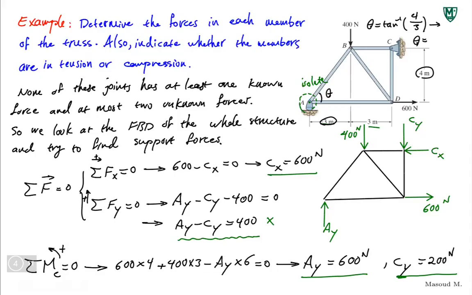Tan inverse 4 over 3 occurs a lot, so I could actually know that it is 53.13 degrees. If you did not follow what I did, let me know. This is a right triangle there. So we are finding theta in this right triangle. Whatever is opposite over whatever is adjacent, tan inverse of that fraction.